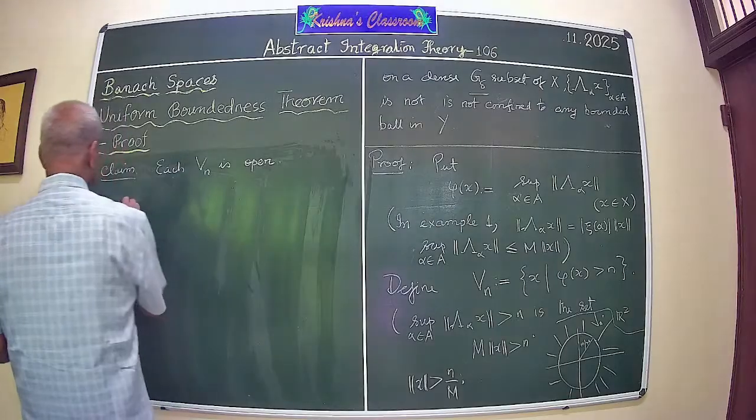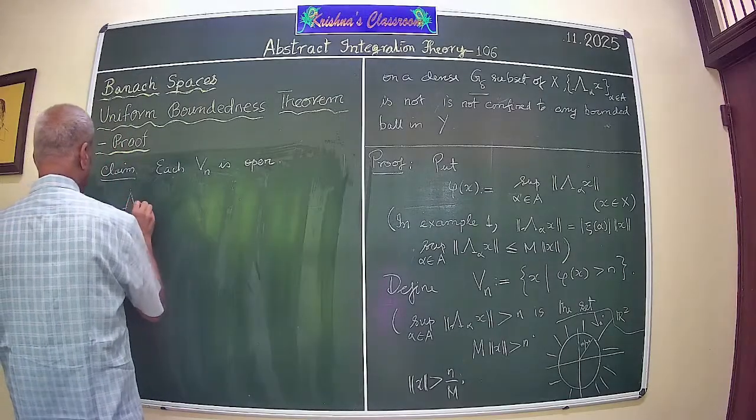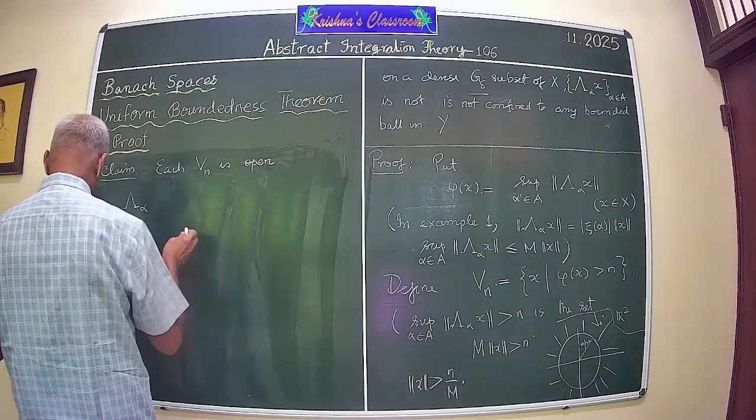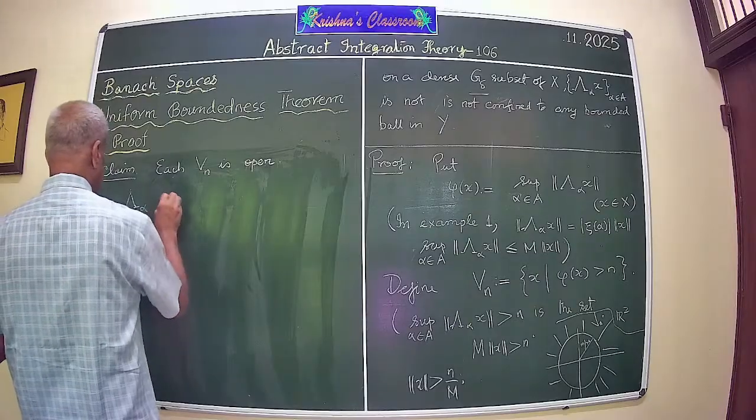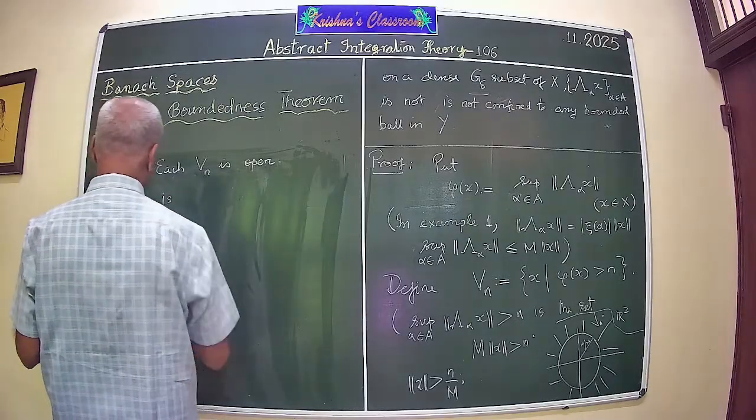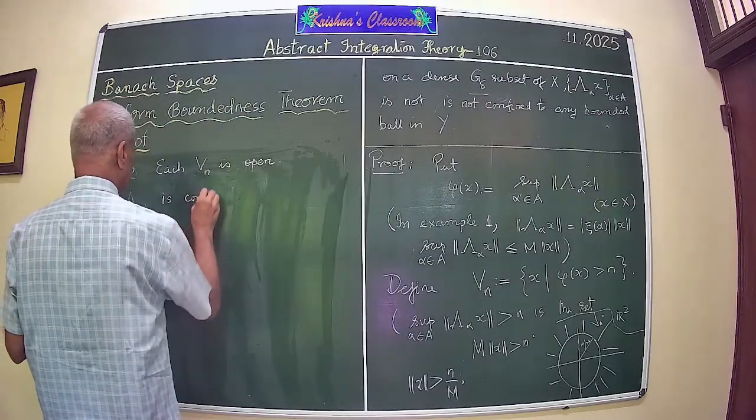Now we know that lambda alpha is a bounded linear operator, therefore it is continuous.